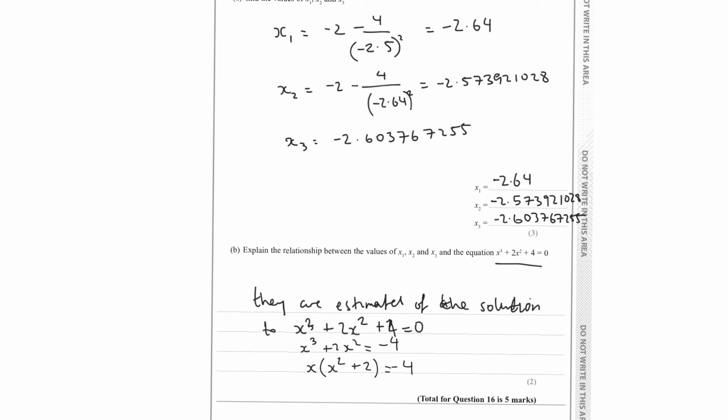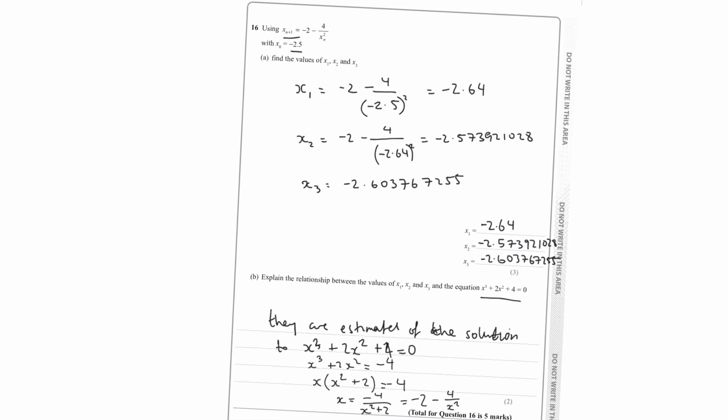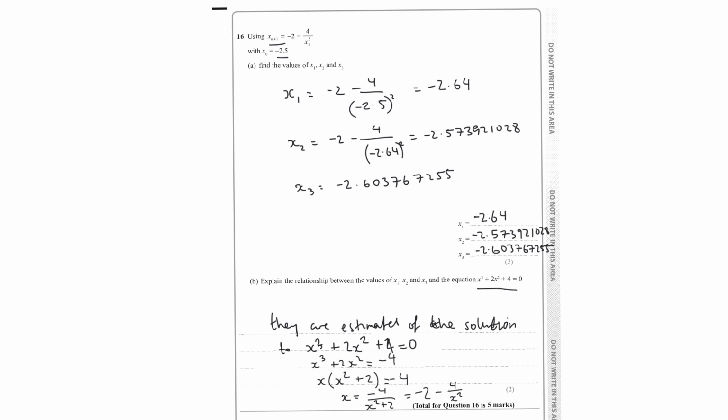Then making x the subject, x is equal to minus 4 divided by x squared plus 2. So minus 4 divided by 2 is minus 2, and then the minus 4 over x squared, that would be that simplified. So notice that that's the same as what we have above. That's why they are all estimates of the formula x cubed plus 2x squared plus 4 is equal to 0. And showing that rearrangement would give you a mark as well.